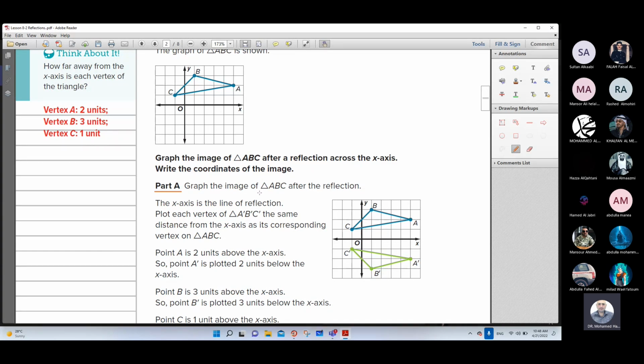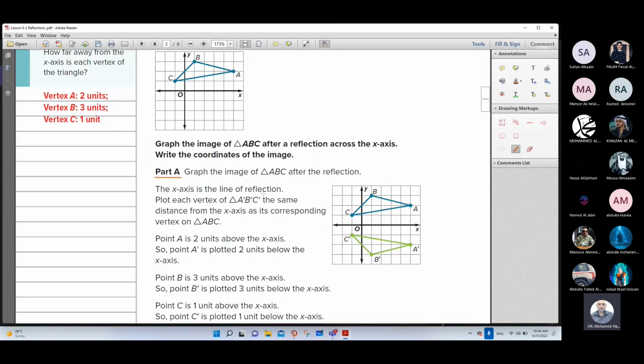Graph the image of triangle ABC after the reflection. This is the pre-image. The x-axis is the line of reflection.